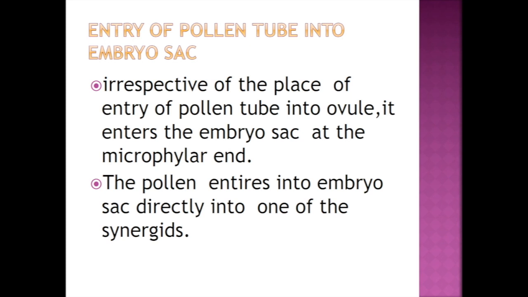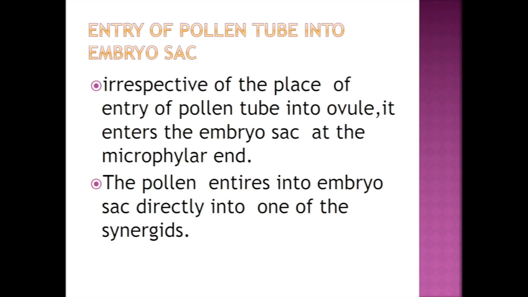Entry of pollen tube into embryo sac. Irrespective of the place of the entry of pollen tube into the ovule, it enters the embryo sac at the micropylar end. So, micropylar end, this is a small projection open for the seed.